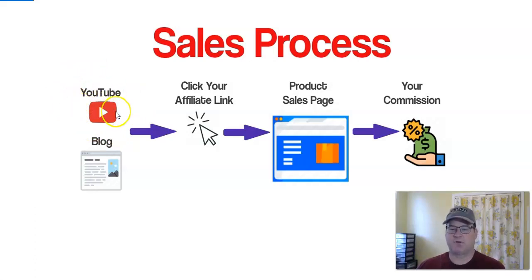One, through linking to affiliate products, and secondly, through the AdSense revenue. The AdSense revenue can be anywhere from several hundred dollars a month up to several thousand dollars a month, and it can be a really nice side income that you're earning without having to do anything else. You're already making YouTube videos for your affiliate marketing process here, and so why not also get some nice additional side income through getting your channel monetized?